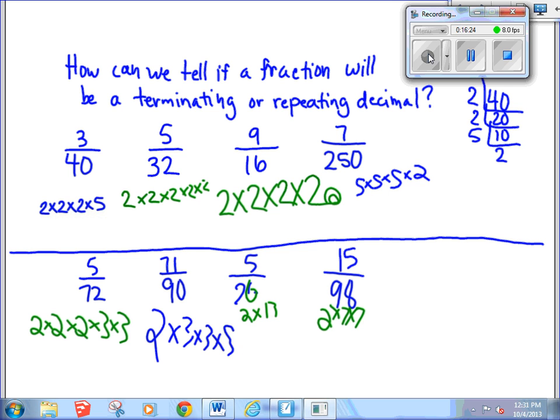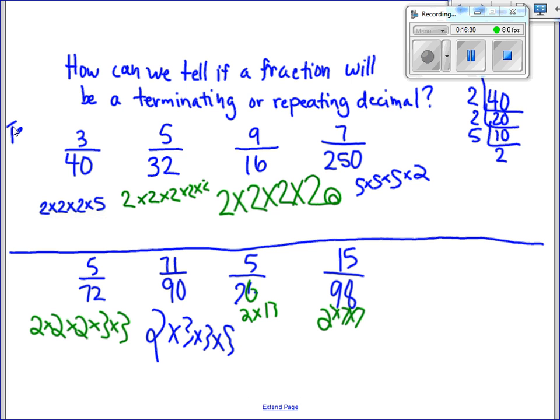Okay, so we've prime factorized all the denominators. We're looking to see if there's something special about these ones here that terminate as decimals versus these ones that repeat. Some people have their hands up, they see something. Anything special up here? Everyone.